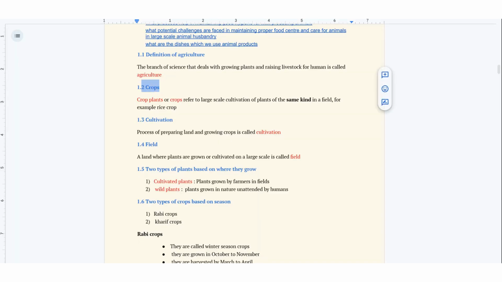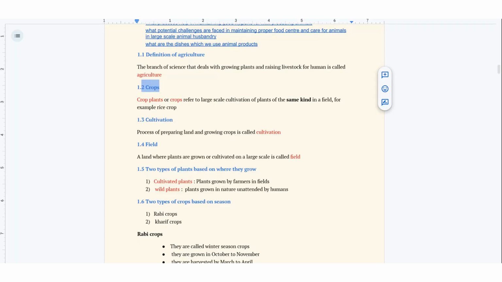Next is crops. Either we can call it crop plants or crops. So this refers to a large scale cultivation of the plants of the same kind in a field, for example, rice crop.